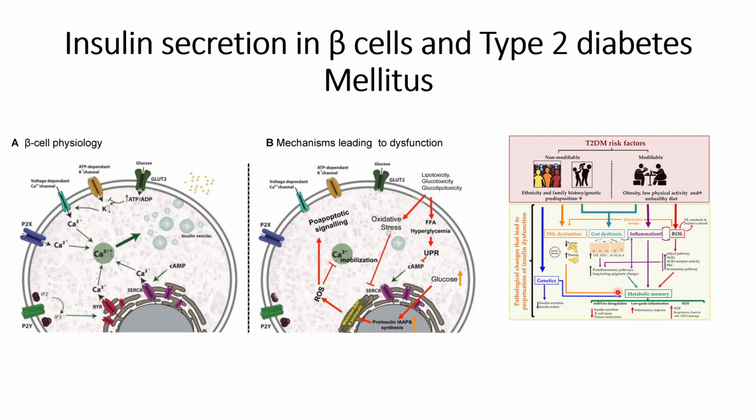Let us now quickly go through the factors that cause type 2 diabetes mellitus. There are some cases that might lead to permanent type 2 diabetes, that is the genetic case, which will cause a decrease in insulin secretion or insulin action whenever the glucose levels are high.